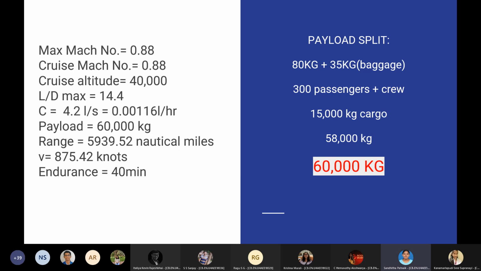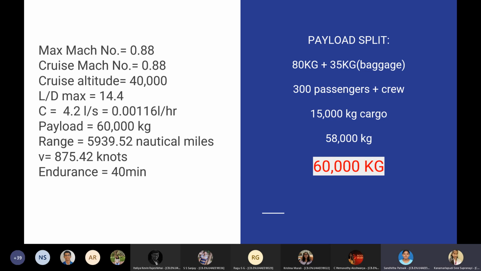Kevin, that's it? Yes. Okay. So sir wants to say a few things. The literature from where we took the graph should be cited properly. Okay, yes, sir.